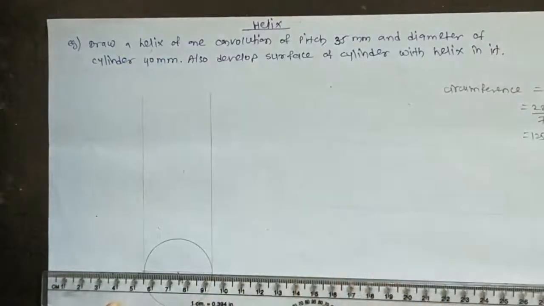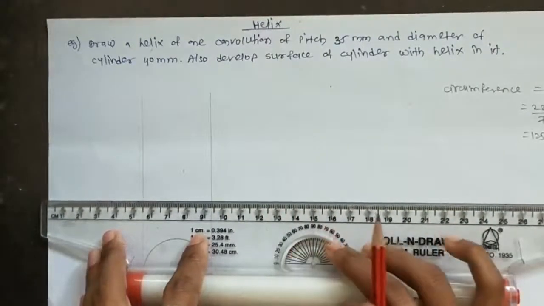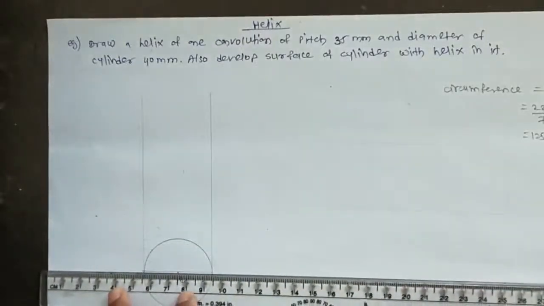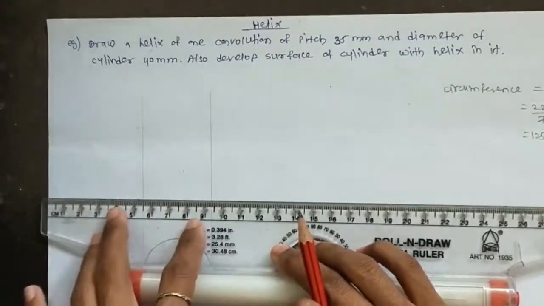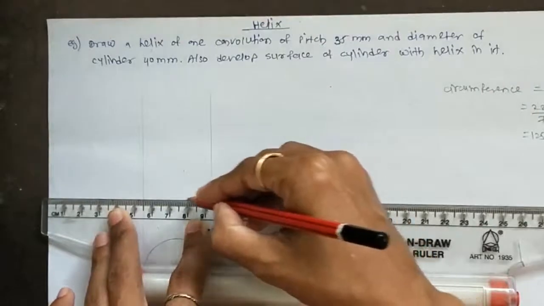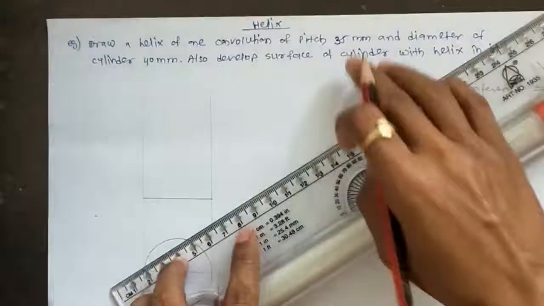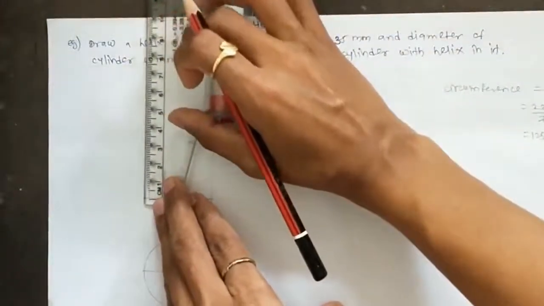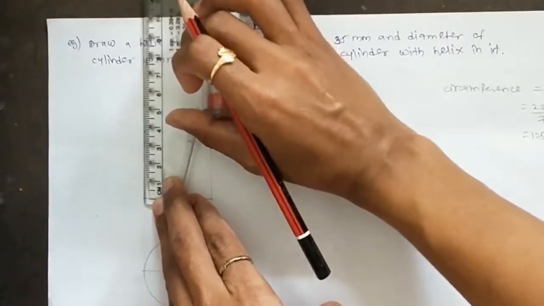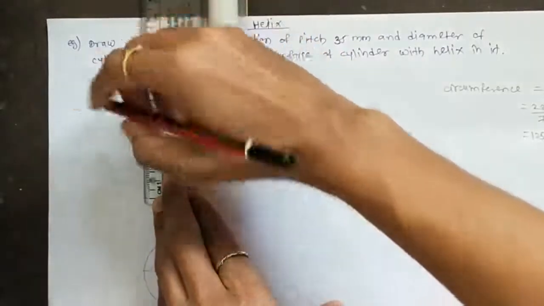Then parallel to this line, draw base of a cylinder in front view, and vertical side will be of 35 mm. So measure distance 35 mm from this point, as it will be the height of a cylinder.